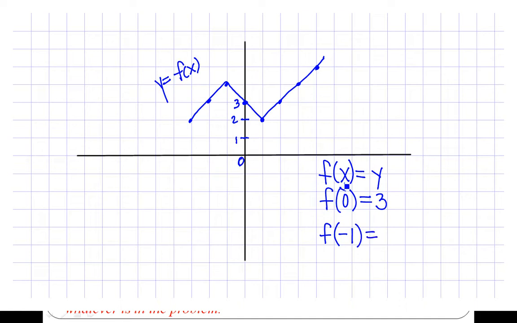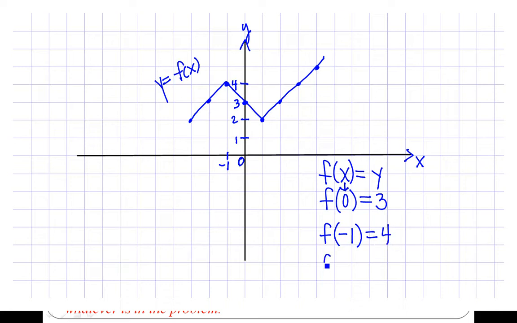What it's saying is, when x is -1, what is y? So this is -1 here. We meet the graph right here. What is this on the y-axis? This is the y-axis, this is the x-axis. So when x is -1, what is y? It must be 4.